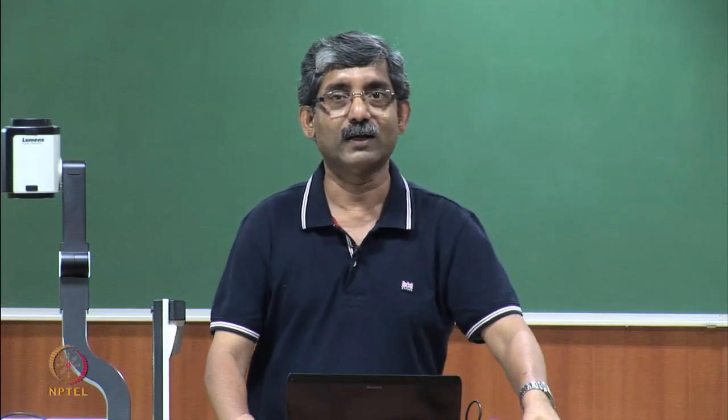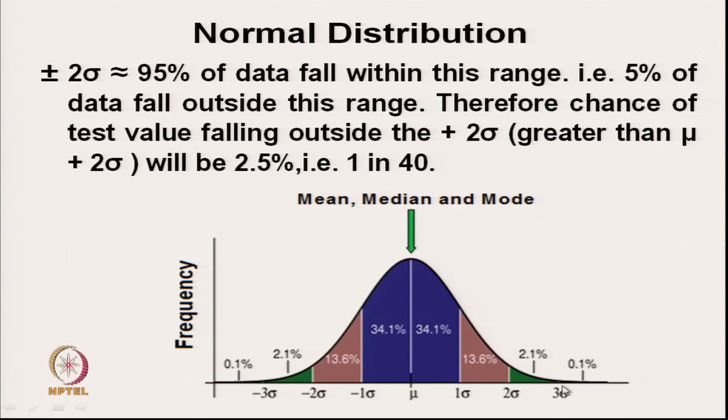Similarly, one can have plus minus 3 sigma, which is almost 99.9%. If we see plus minus 2 sigma, 95% of the data are included in this, that means 5% of the data are beyond this range. So, on one side it is approximately 2.5% of data, the larger size, and on the smaller zone another 2.5%.